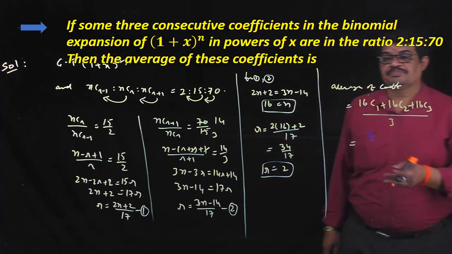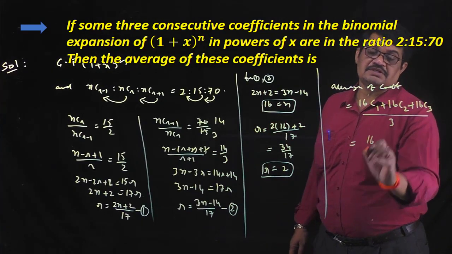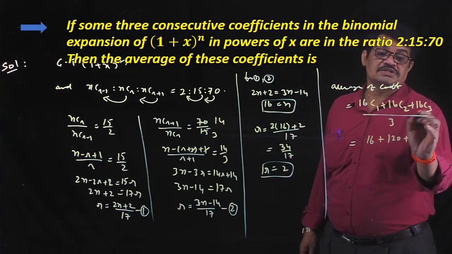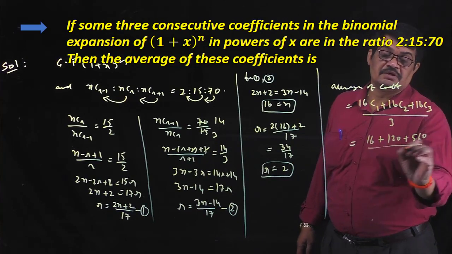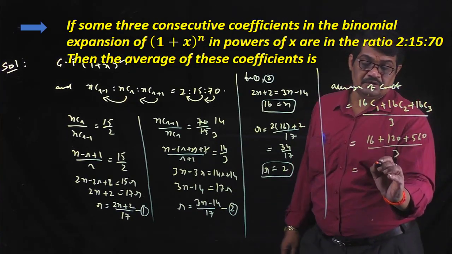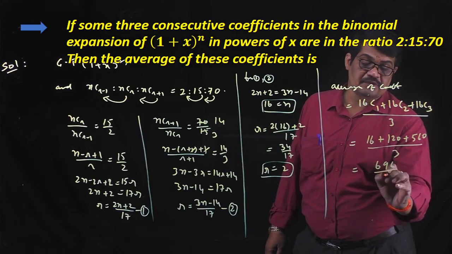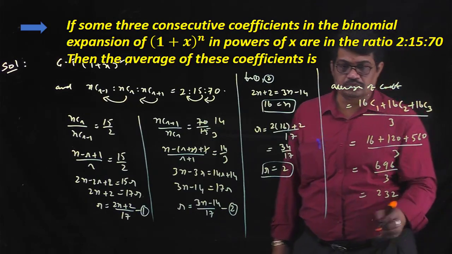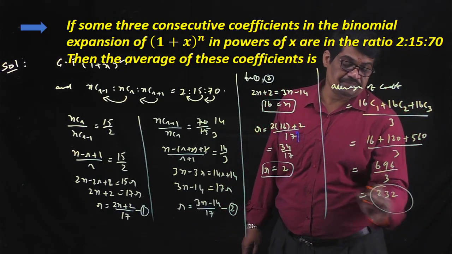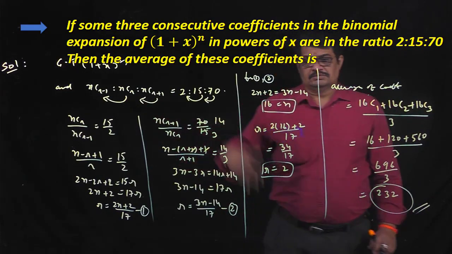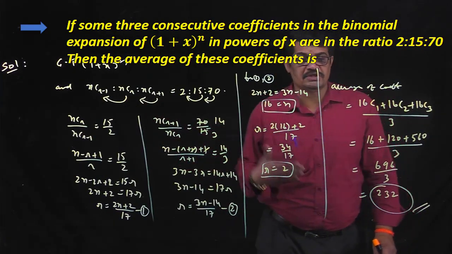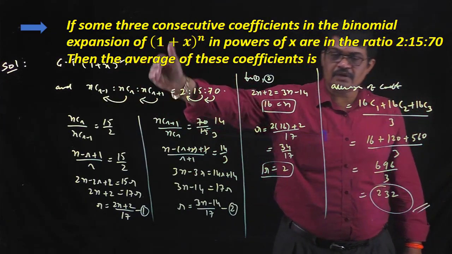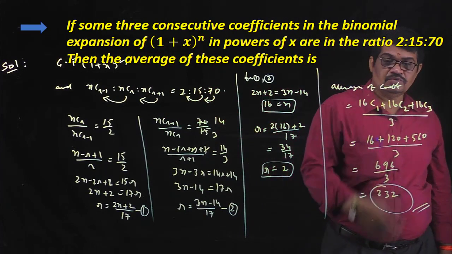Now what is 16C1? nC1 is n, that is 16. 16C2 is 120, and 16C3 is 560, by 3. Now we add these three. We are adding 696 by 3. That is 232. 232 is the average. So this is the average of the 3 consecutive binomial coefficients in the given binomial expansion (1 plus x) whole power n. So the average is 232.